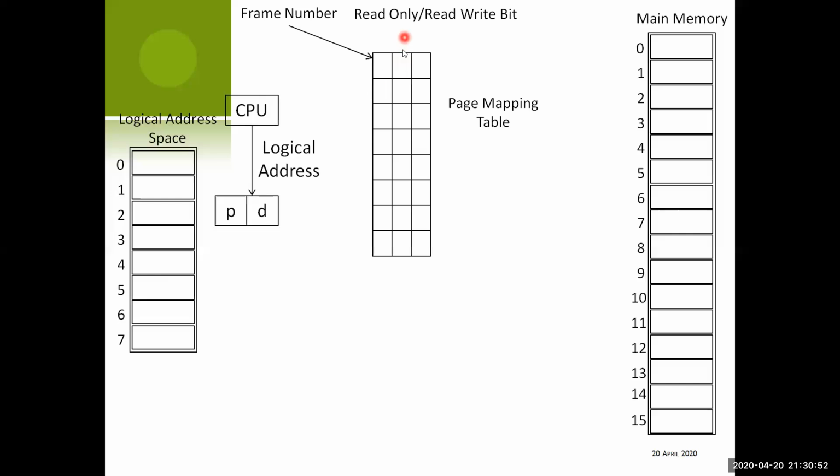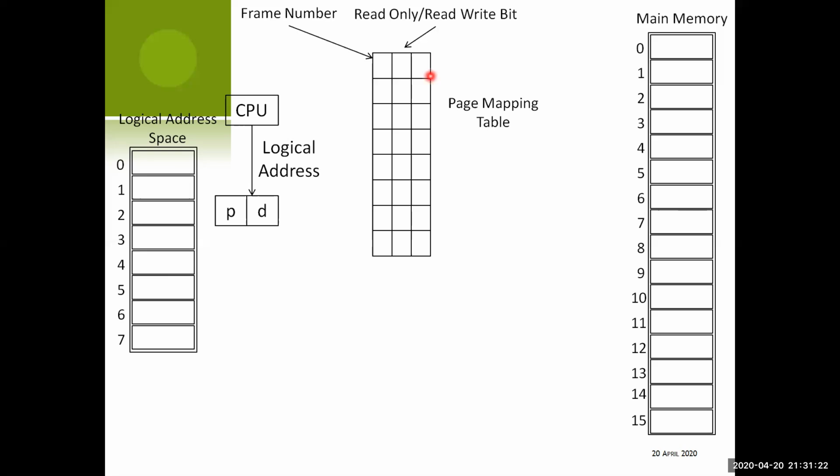The second column is the read-write bit or read-only bit. This specifies whether a page is read only or can be read-write. This information is required when we need to swap out a particular page from main memory to secondary memory.